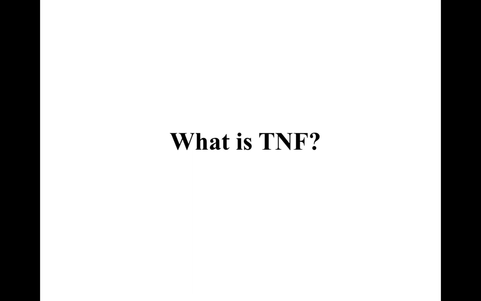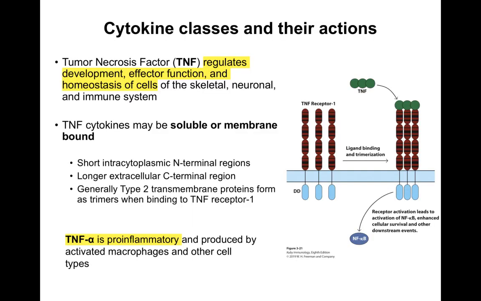What is TNF? TNF is tumor necrosis factor. It's important for regulating development and effector function, and it can bind to the TNF receptor, which trimerizes when TNF binds. It signals through NF-κB, which is a transcription factor, and it's pro-inflammatory.